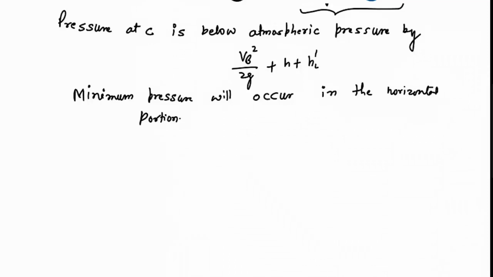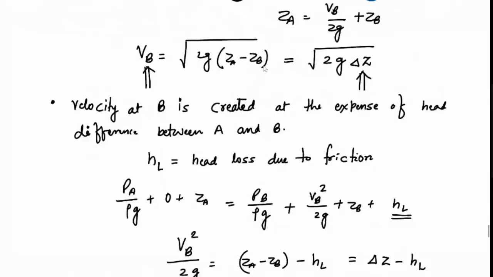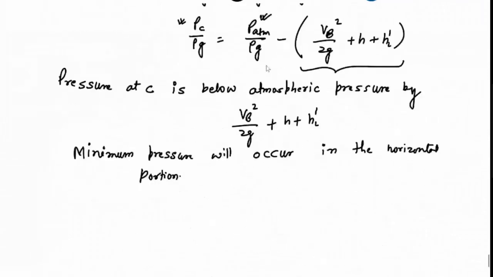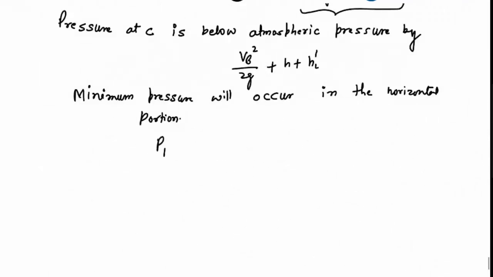So that is point D. If you remember, this point you can call D or S, and this distance is H. So now I can write for the minimum pressure P_D by rho g.